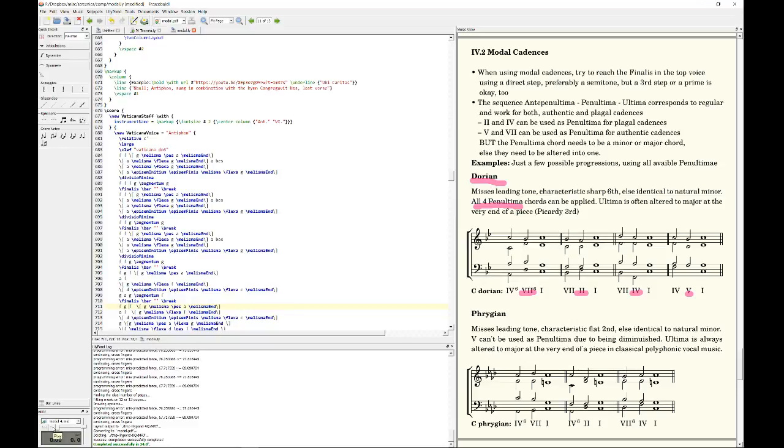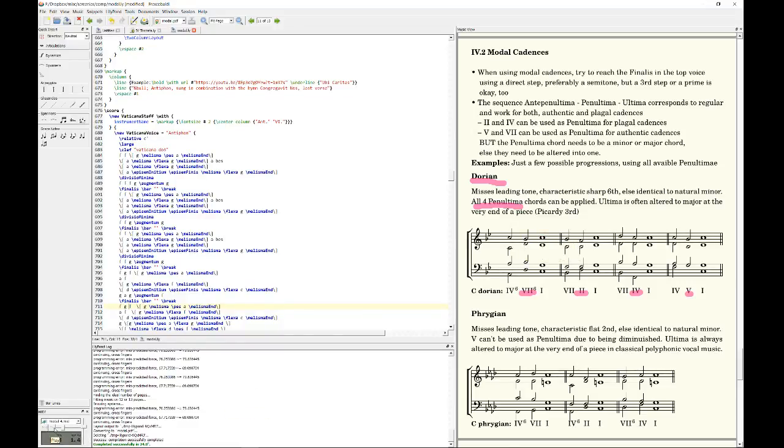So the first Dorian cadence is an authentic cadence reaching the root from the 7. You will notice the missing leading tone because we don't have a B but a B flat. So there's no semitone going to the C, and the final effect or the closing effect is not very strong therefore.